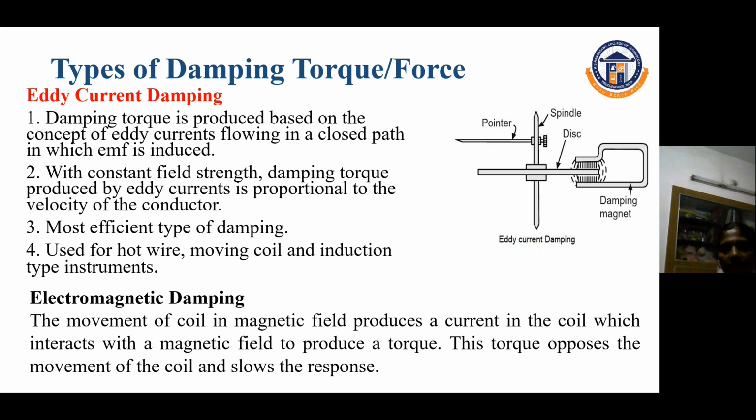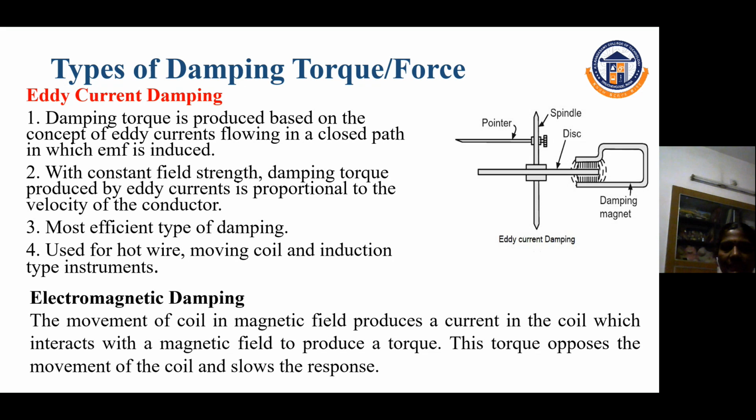Another important damping force is provided by the magnetic material, called eddy current damping. This is usually used, as we may see, in energy meters; electromagnetic damping is provided in the disc. The damping torque is produced based on the concept of eddy current flowing in a closed path in which EMF is induced.